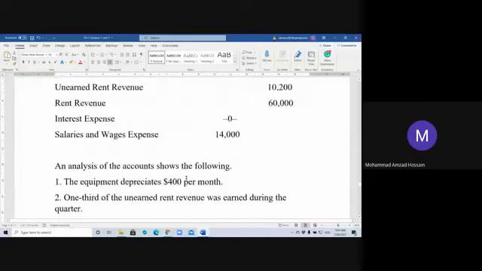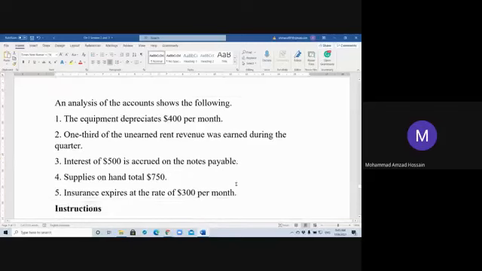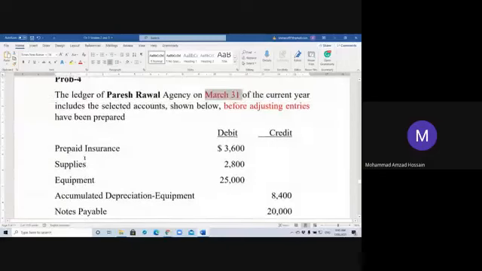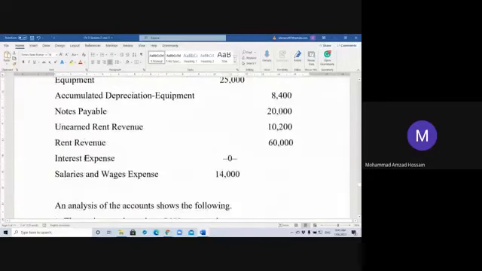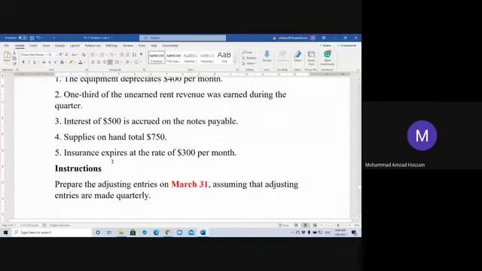The adjusting entries are: equipment depreciates $400 per month, 1/3 of the unearned revenue has been earned during the quarter, interest accrued on the notes payable, assuming that adjusting entries are made quarterly.